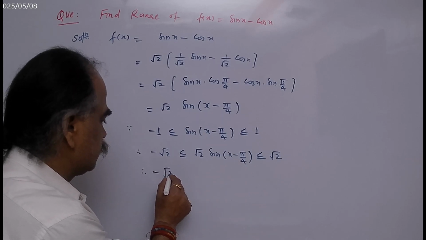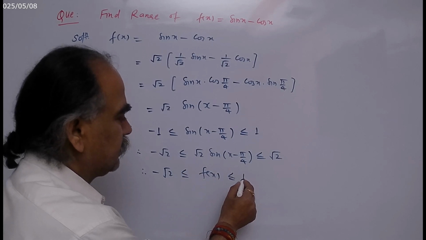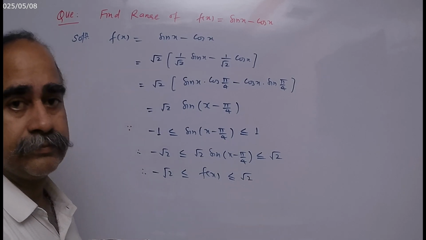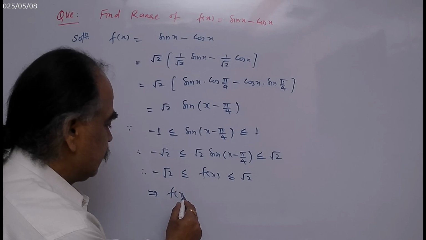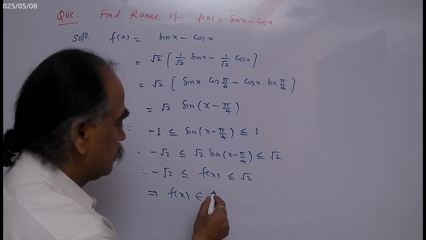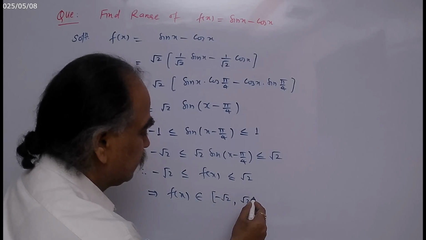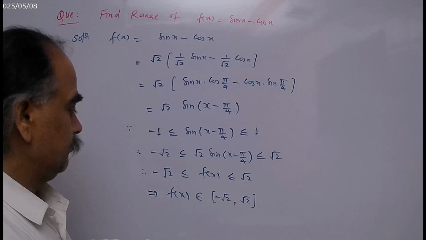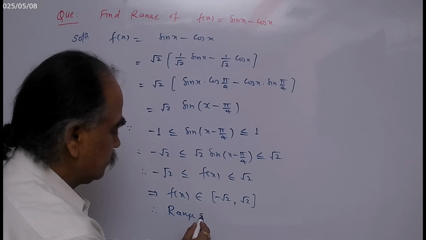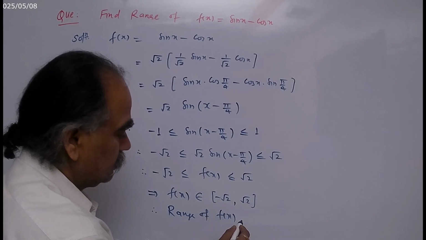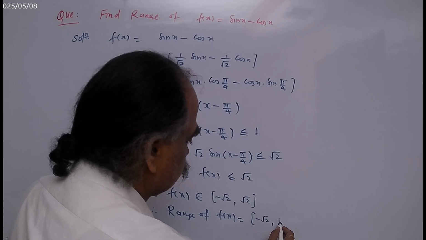Therefore minus √2 less than or equal to f(x) less than or equal to plus √2. This implies f(x) belongs to closed interval minus √2 to plus √2. Therefore range of f(x) is minus √2 to plus √2.